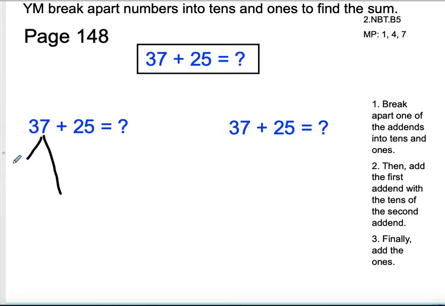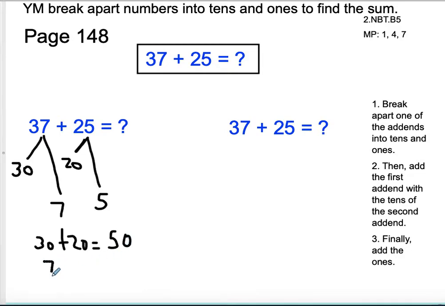I know that there are 3 tens, which is 30, and 7 ones. And in this one, there are 2 tens, which is 20, and 5 ones, which then means I have to go 30 plus 20 equals 50.